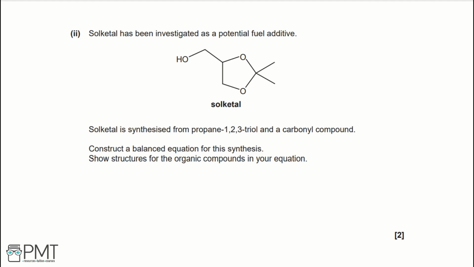So let's start by drawing propane 1,2,3 triol as our first reactant. So we have our carbon backbone and our 3 alcohol groups at carbons 1, 2 and 3. Then we have a carbonyl compound that we're reacting.